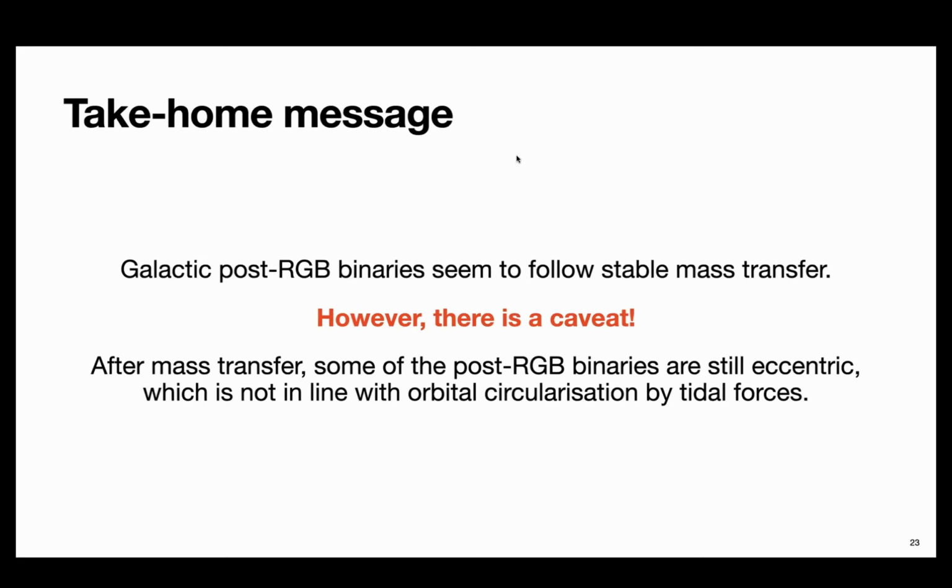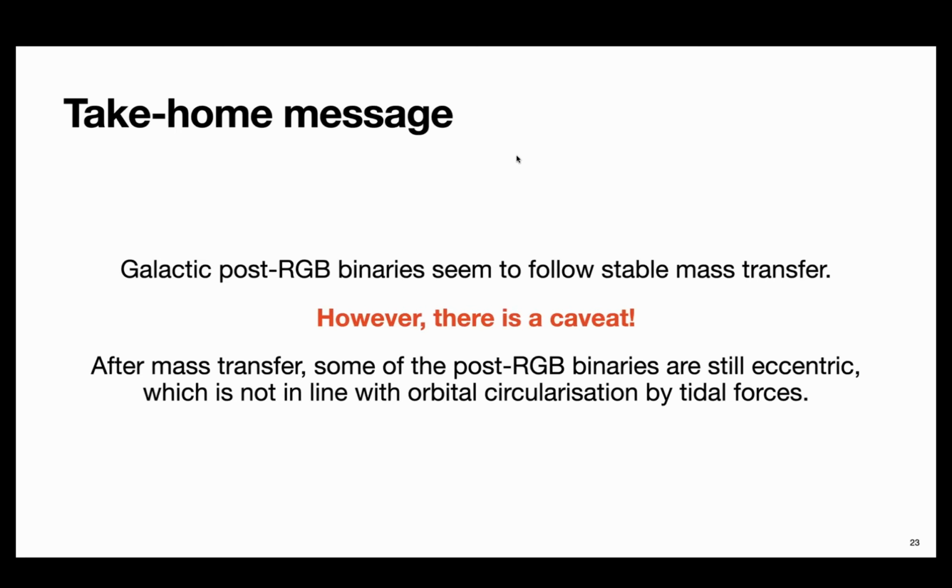So I personally find it pretty difficult to say about these objects which might seem connected to common envelope evolution. And I think this needs to be investigated more properly with these understandings that we now have of stable mass transfer. So all in all, I have to say it's difficult to answer that question.